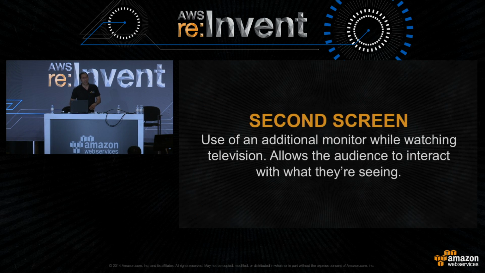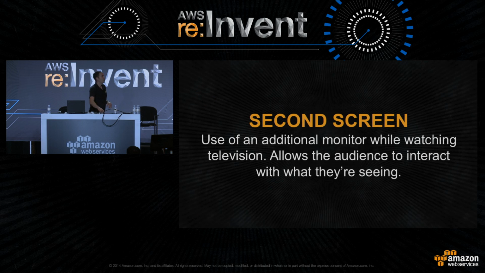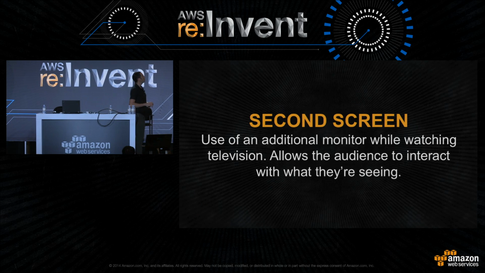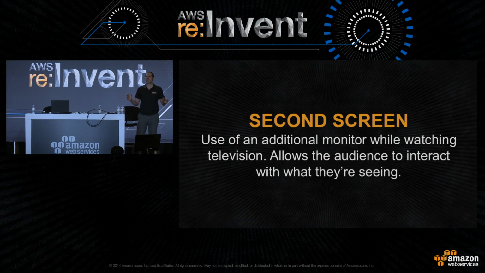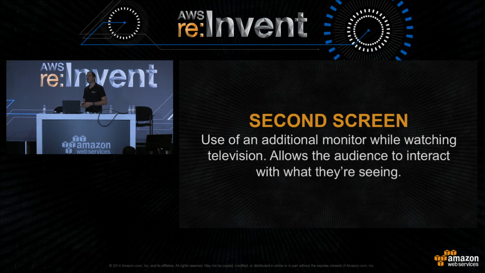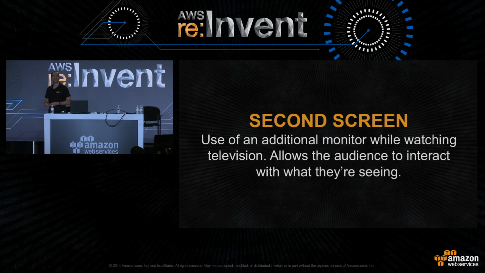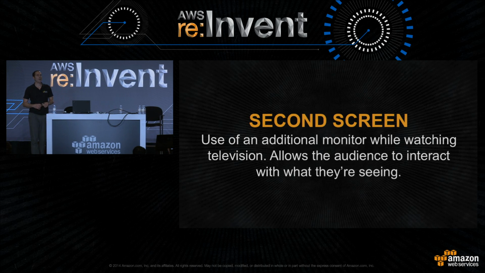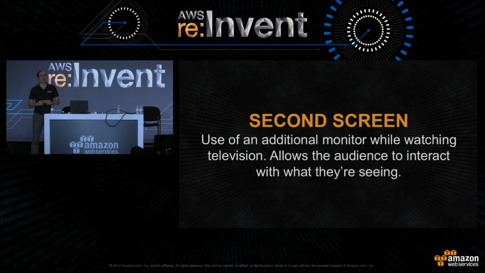Just to make things straight, I have a quick definition of second screen. To illustrate this, I want to share a statistic that was somehow impressive for us in Europe: 80% of TV viewers in the US are watching TV with a tablet or a mobile device.